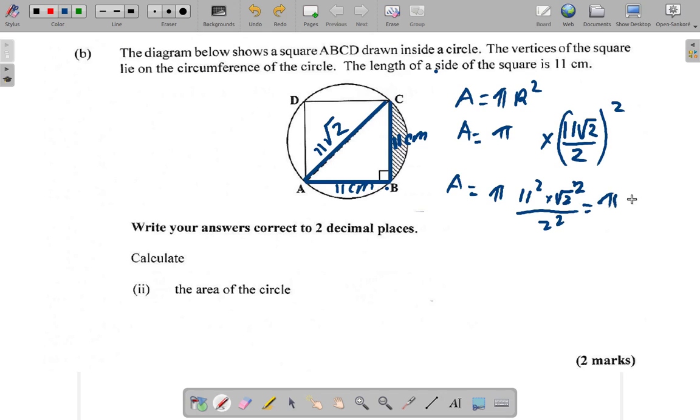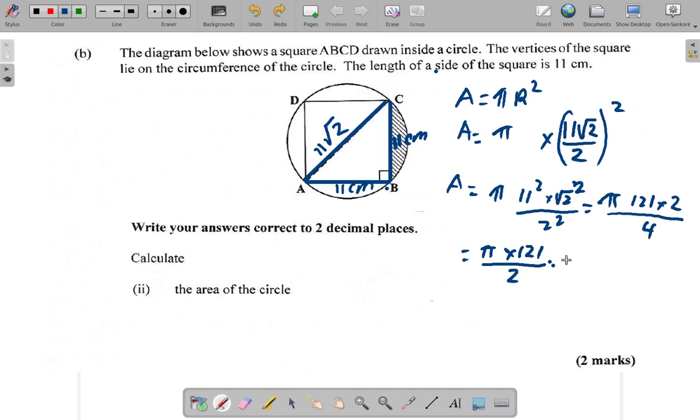So it is pi times 11 squared. 11 squared is 121 times the square root of 2 squared is 2 over 2 squared is 4. So it would amount to, well, pi times 121 over 2. Right? As plain numbers, that's what you would get.